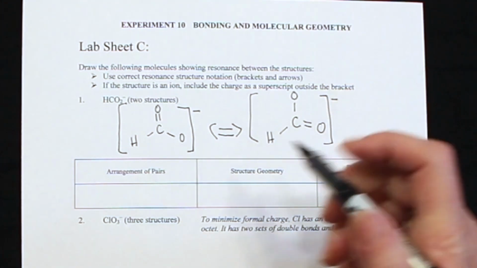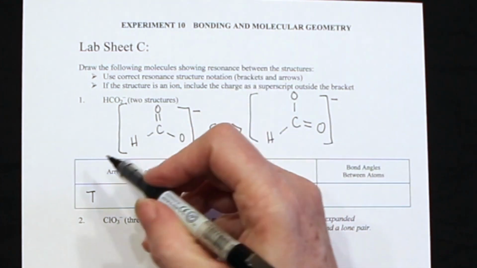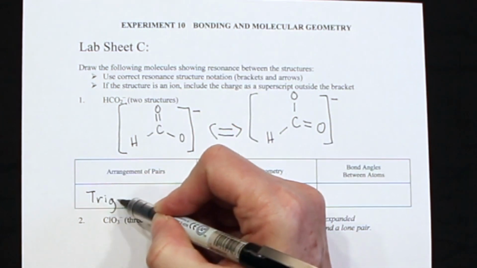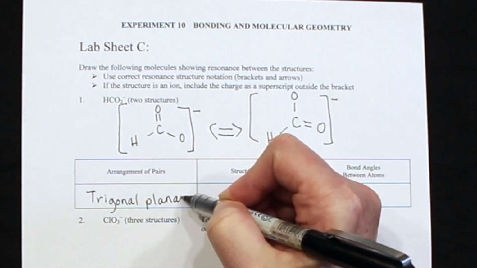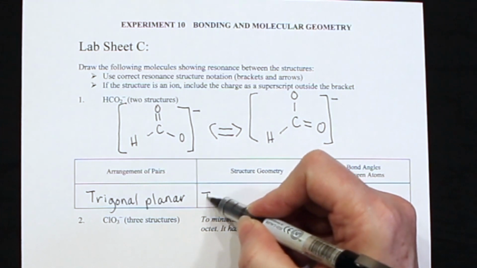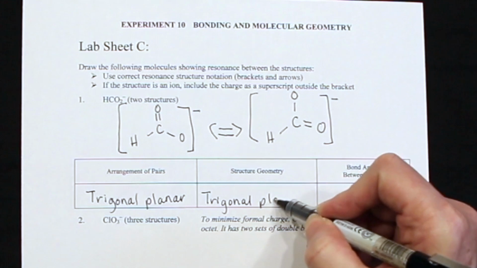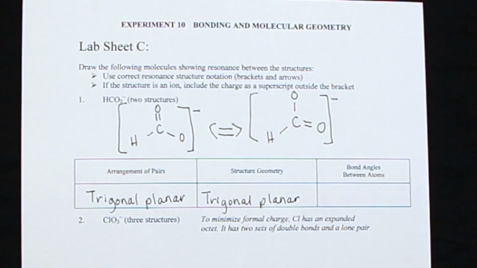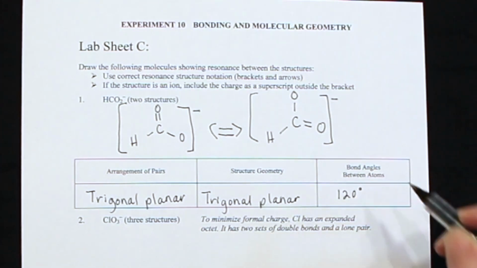This arrangement of pairs, since I have 3 bonds, is trigonal planar. The structure geometry is also trigonal planar. And the bond angles between the atoms is 120 degrees.